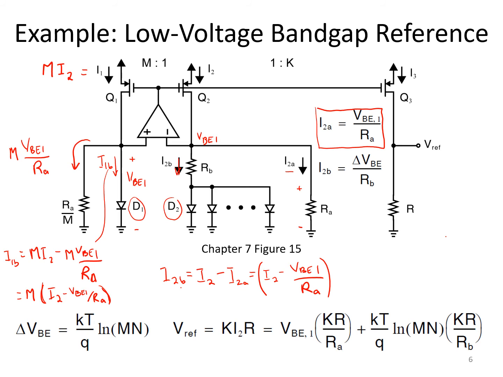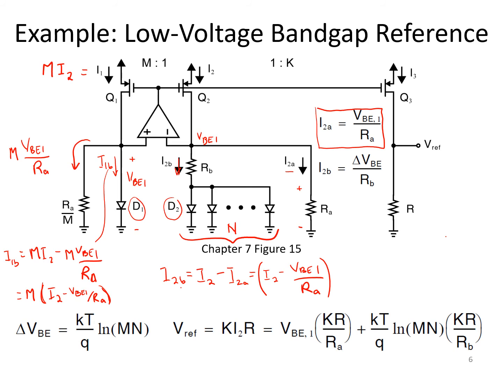Okay. The next thing to notice is that the area of D1 and D2 are ratioed. And this can be done with high accuracy in an integrated circuit simply by realizing D2 as N integer copies of the diode D1.